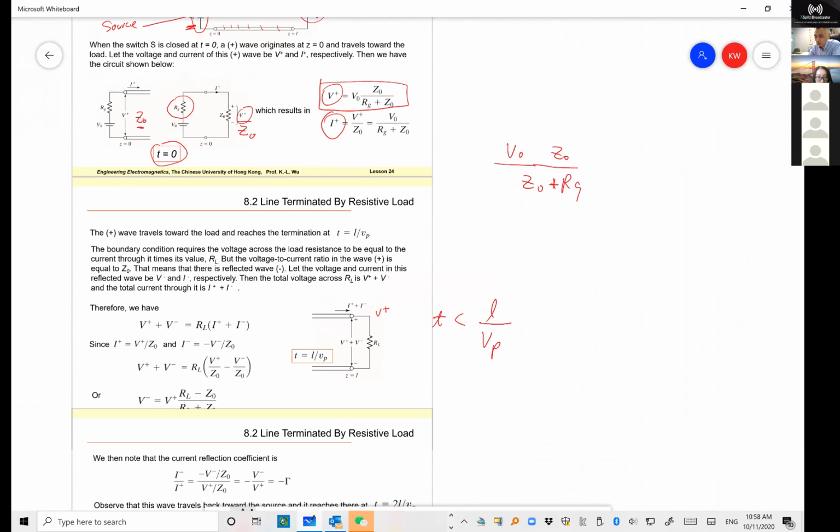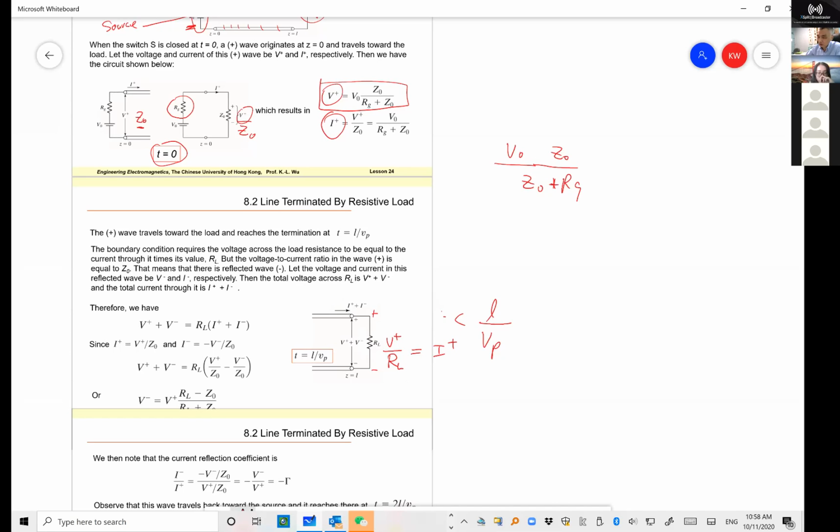To the voltage divided by the load. If you simply use Ohm's law, the current and the voltage relation is not as simple as this voltage divided by R load equal to the current plus. Definitely not.